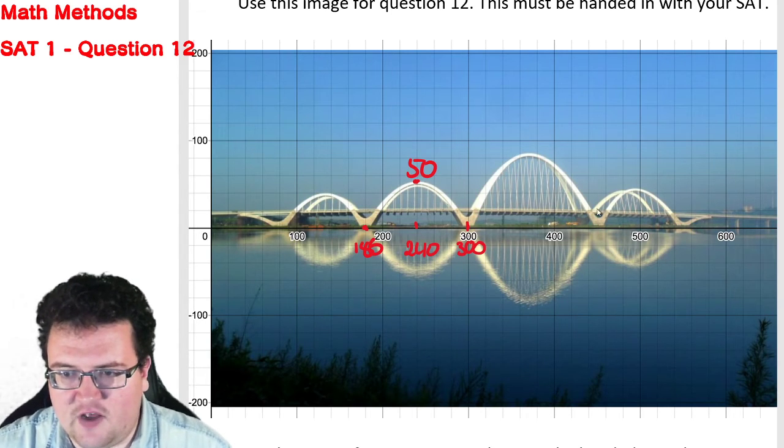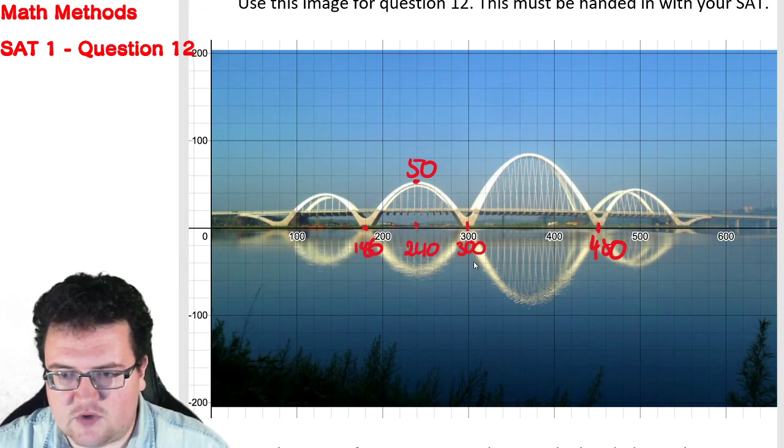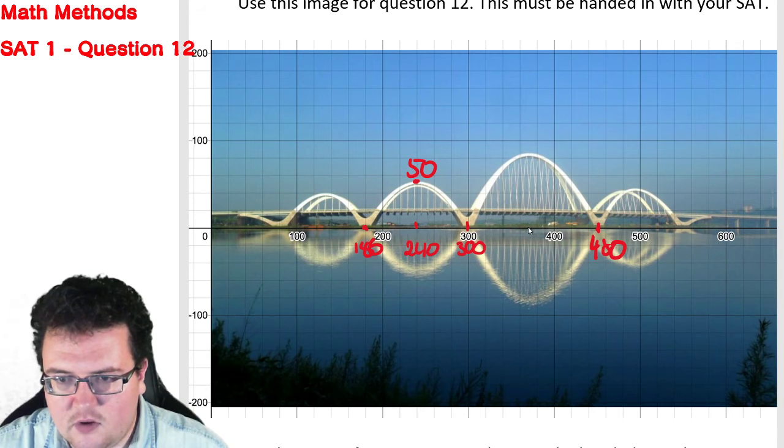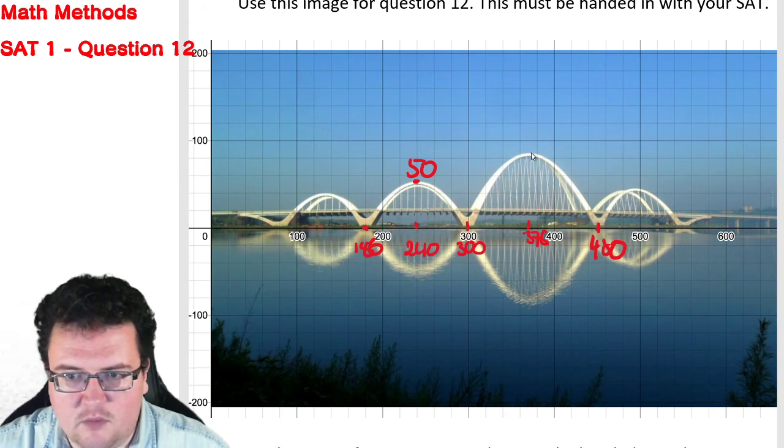And then going over the other one here, I would say this one is about 450. So it's 300 to 450. So this one would be at about 375, and it would probably be about 82.